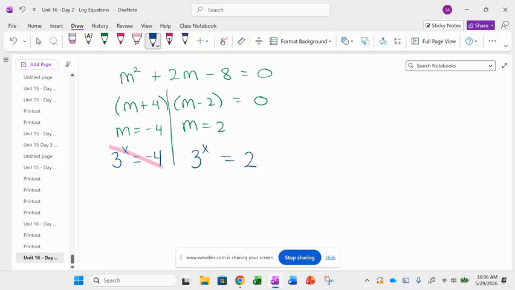Unfortunately, I cannot make 2 into a base of 3 or 3 into a base of 2. So I'm going to have to think of another way to solve for x and to get it out of the exponent. So we will log both sides. And when we log both sides, I can bring that x into the front.